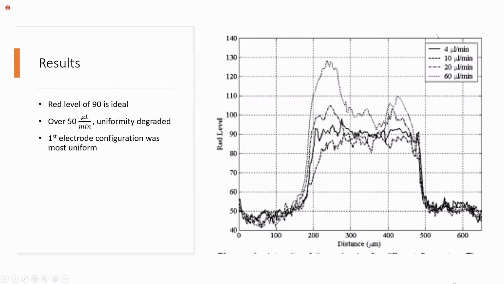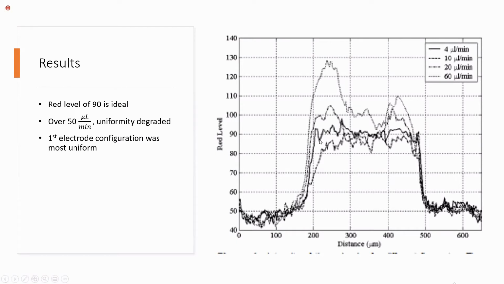So I guess it's hard to see because I blew up the graph a little bit. But this solid black line right here would give you the 4 microliters per minute. Right on the bottom of that would be the 10 microliters per minute. On top of the solid black line is 20. And all the way on top right here is the 60 microliters per minute. So they observed that over 50 microliters per minute, the uniformity kind of degraded.